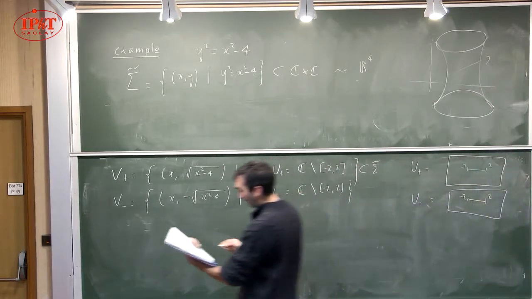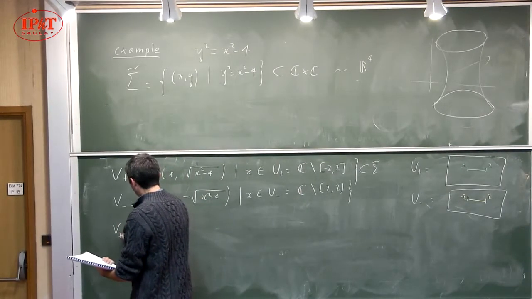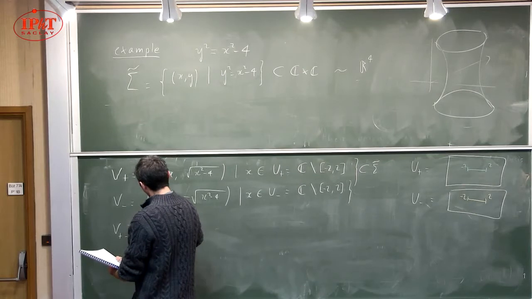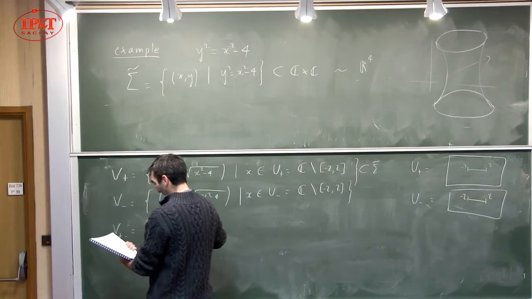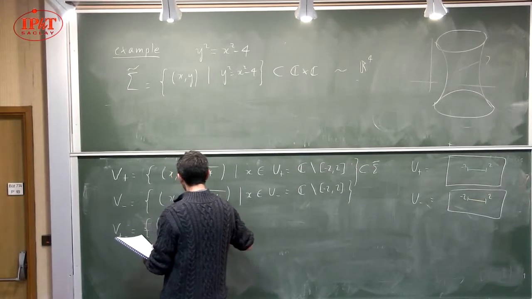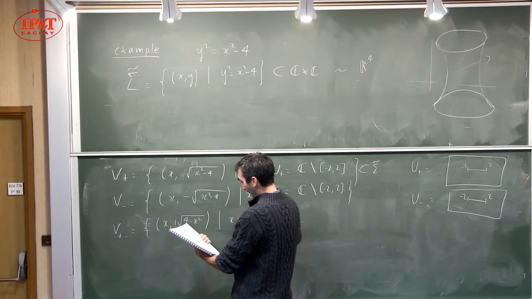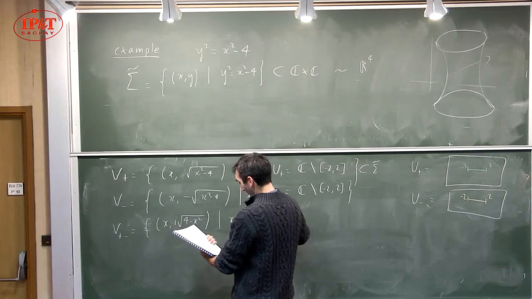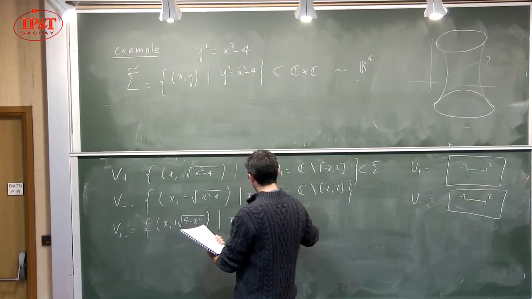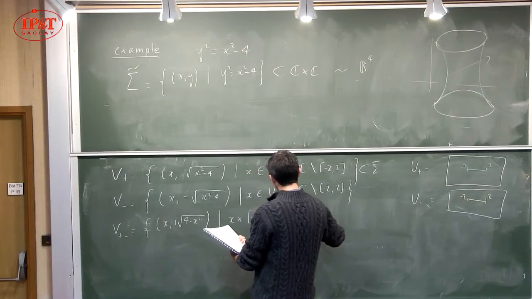Then I will define V plus minus. It will be the set x, i square root of 4 minus x squared, such that x belongs to minus 3 half, 3 half, cross minus 1 half.